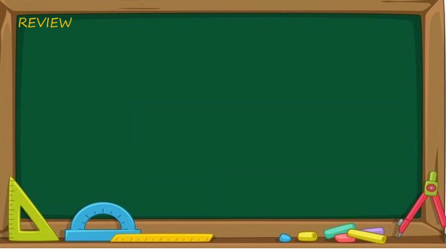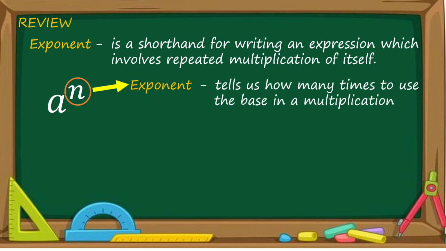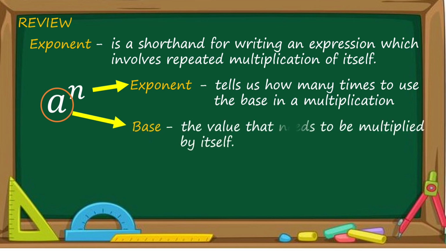As a review, exponent is a shorthand for writing an expression which involves repeated multiplication of itself. In symbol, it is written as a raised to n, where n is the exponent, which tells us how many times to use the base in a multiplication, while a is the base.